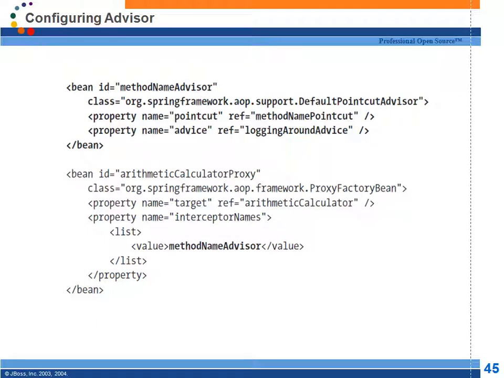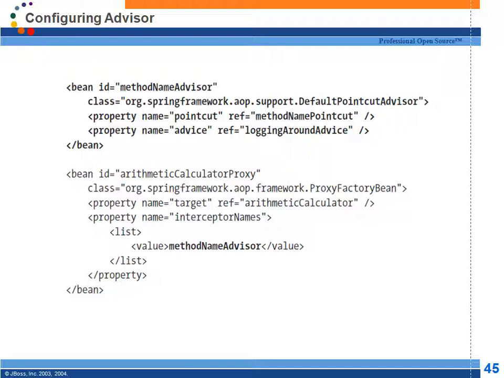I am creating an advisor called DefaultPointcutAdvisor. There are various advisors present. I am using DefaultPointcutAdvisor in this case, where I am combining the advice, referring to the advice already defined, and the pointcut, the previous one. So this is an advisor.